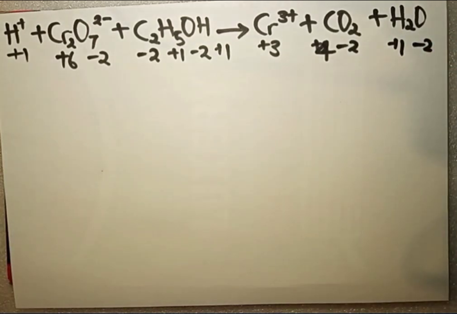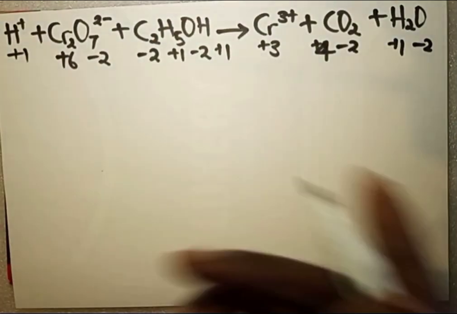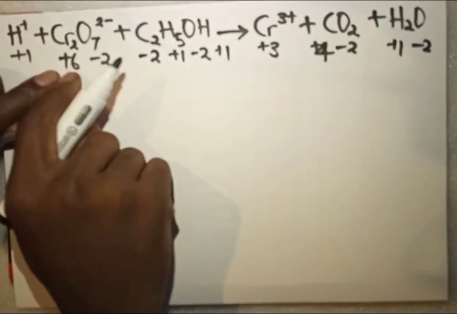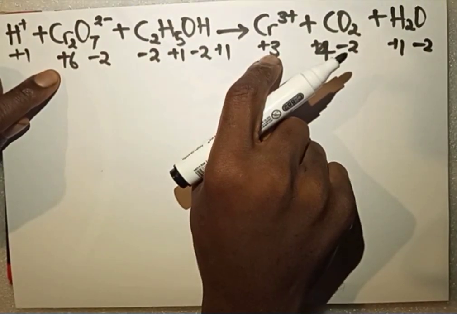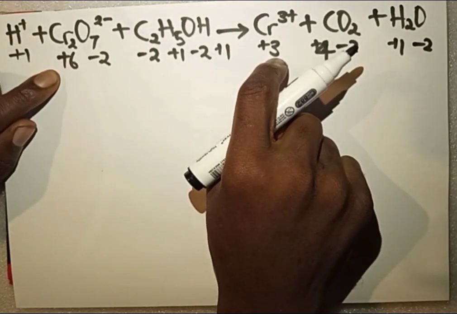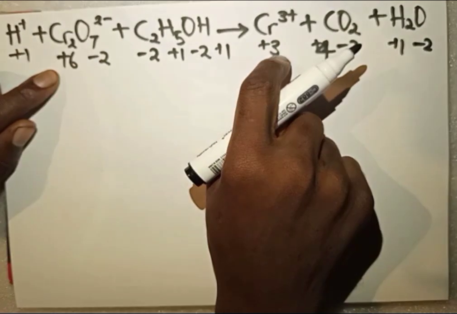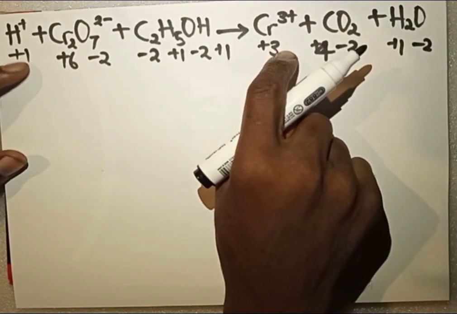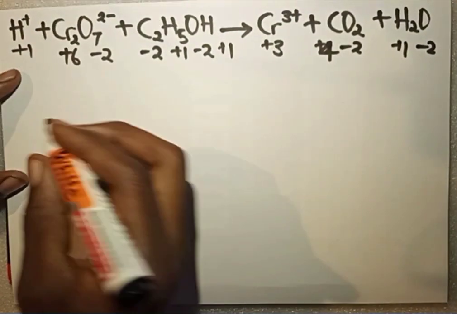So now we want to identify the reduction reaction and the oxidation reaction. Let us counter check, forgetting about the hydrogen and the oxygens. If you look at this chromium, it has +6 on this side, and on this side it has +3. So the oxidation number has reduced. So this is a reduction reaction, because it has reduced.